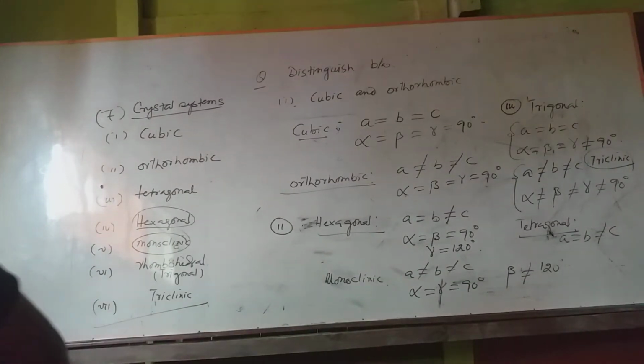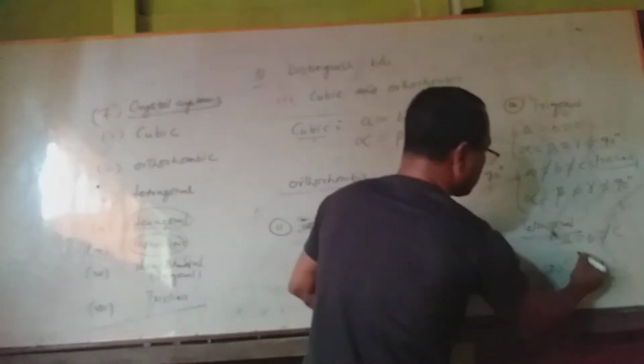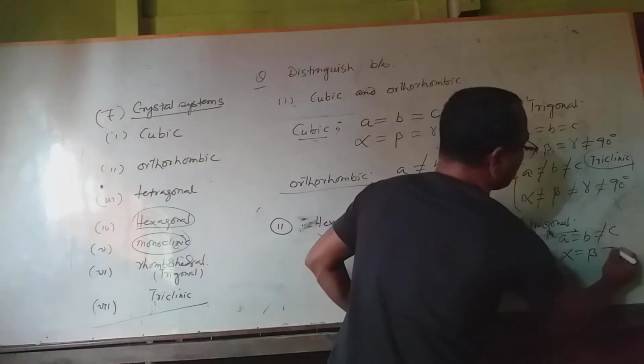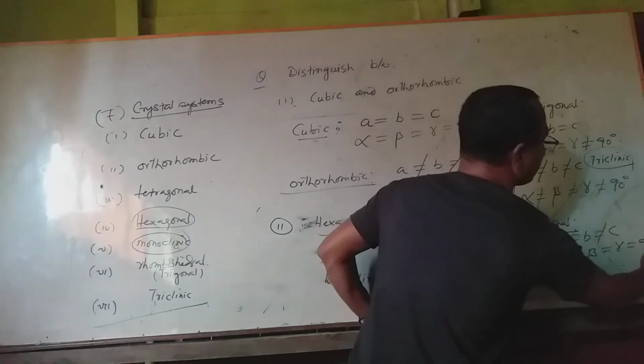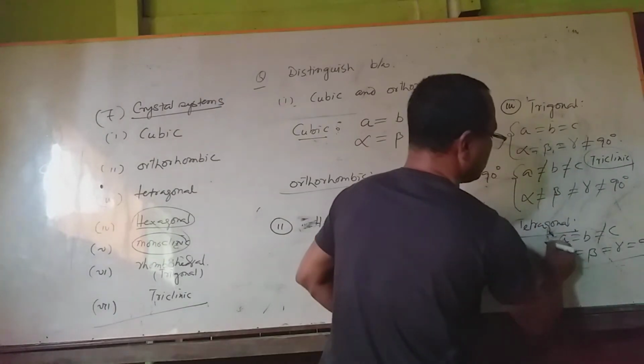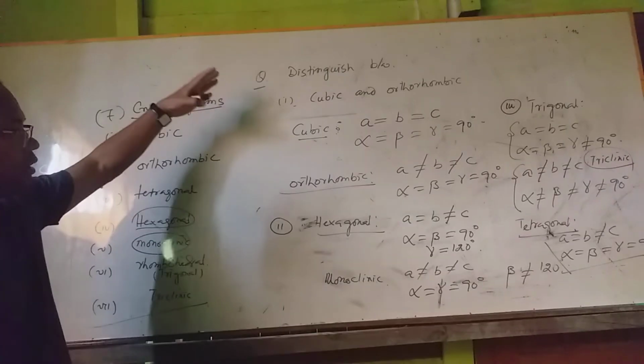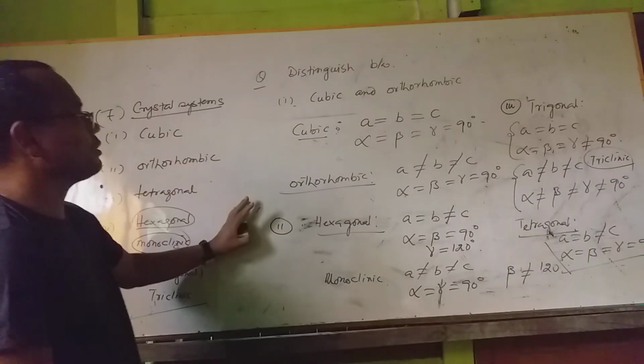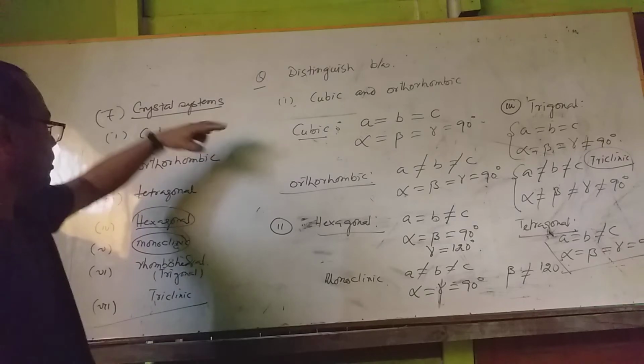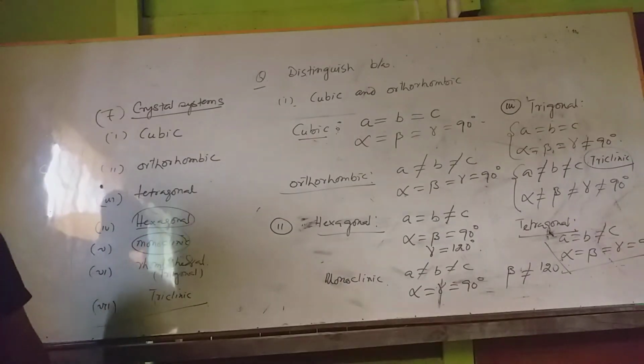Then what about the angles alpha, beta and gamma? All the angles are the same, 90 degrees. So these are the dimension parameters of the different crystal systems.